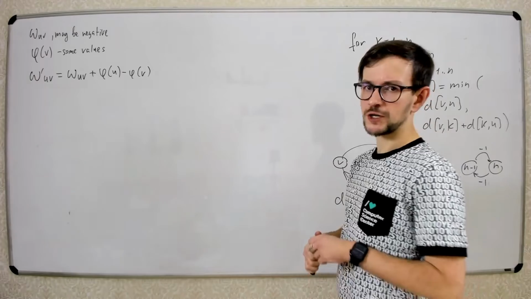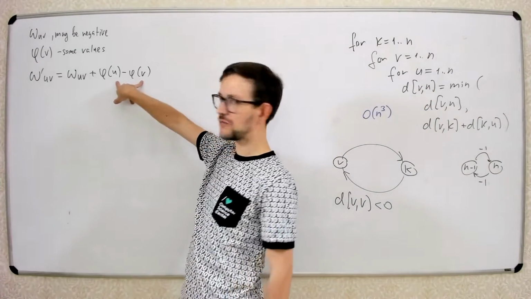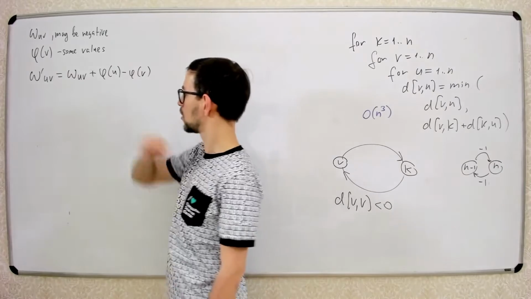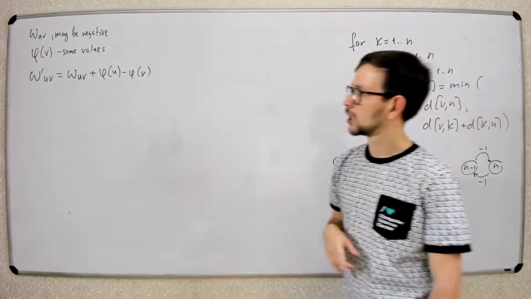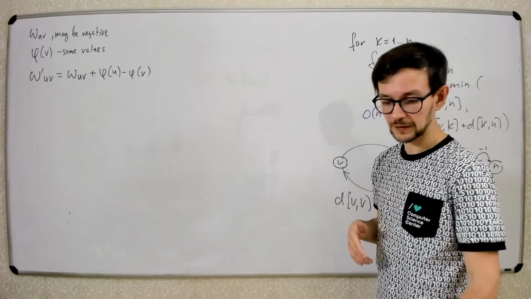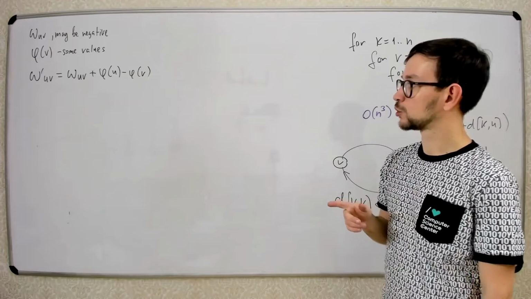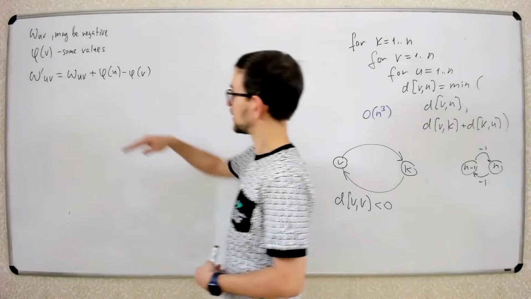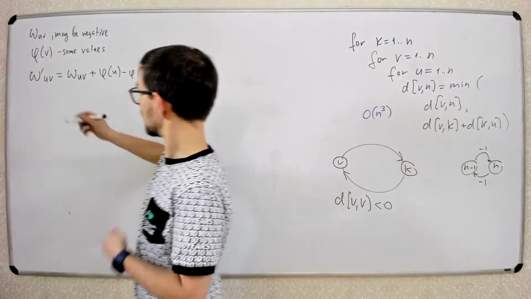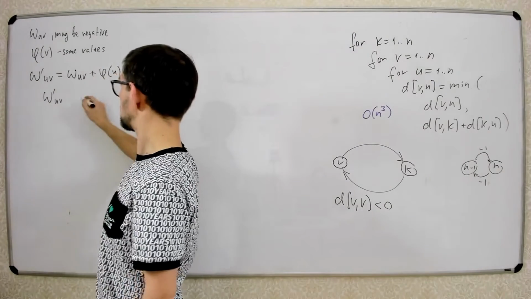It's like a potential function again. So I will add this difference in potentials to the weight of the edge. And what I want is to find such potentials that these new weights will be non-negative.